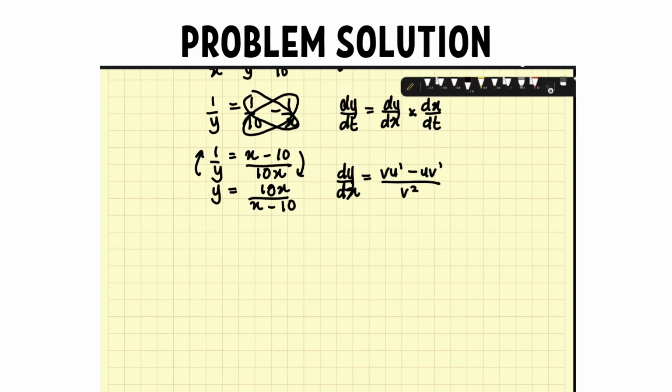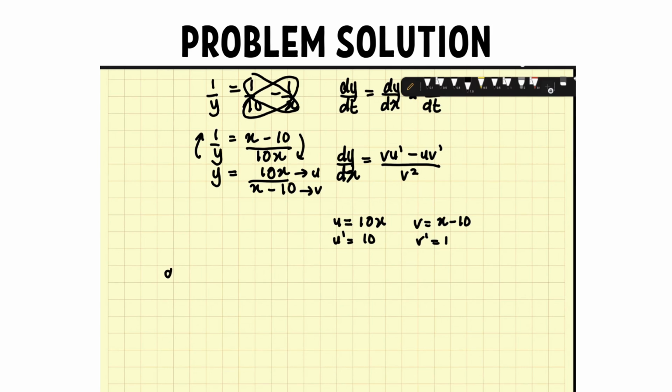So u should be the numerator and v should be the denominator. So u = 10x, then v = x - 10. So u' should be 10 and v' should be 1.